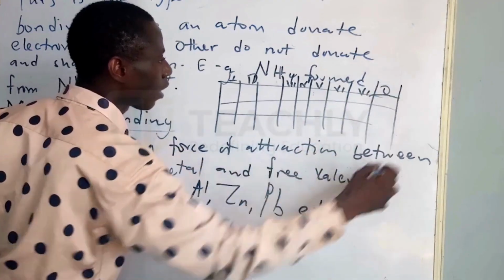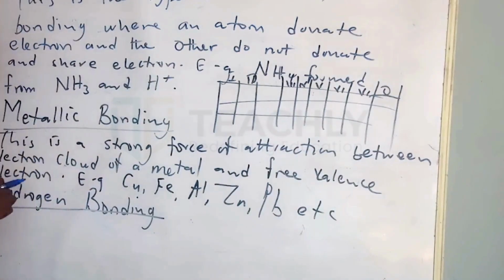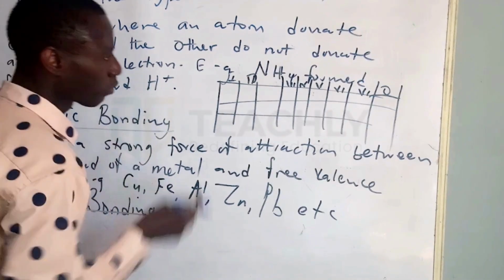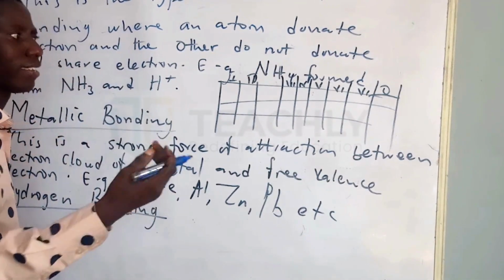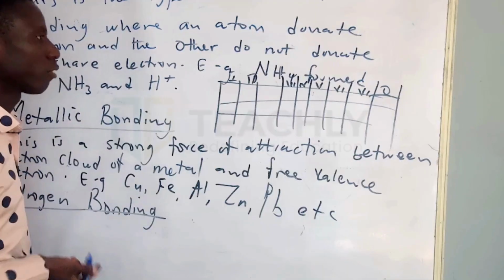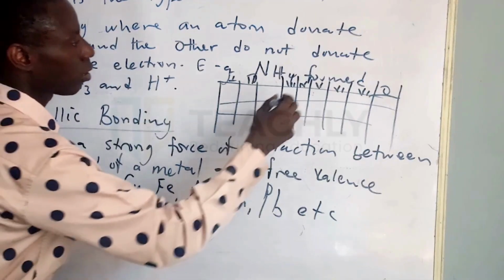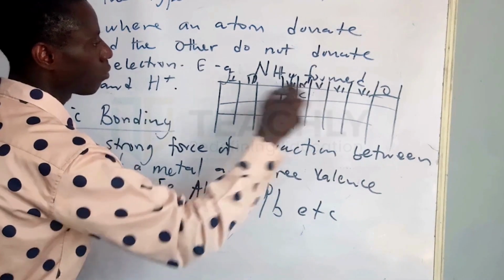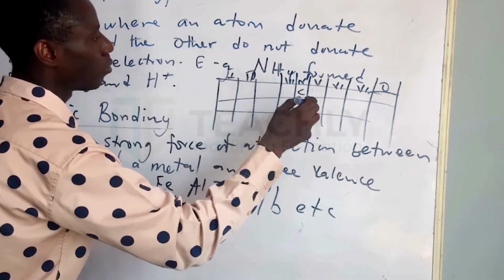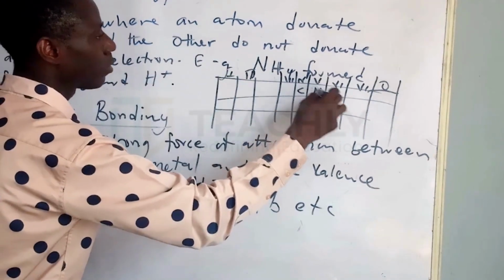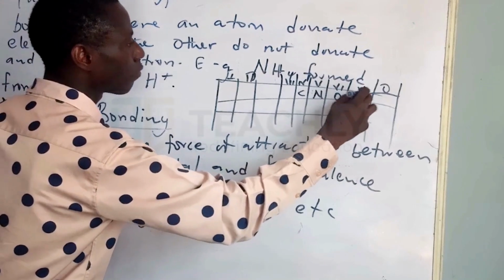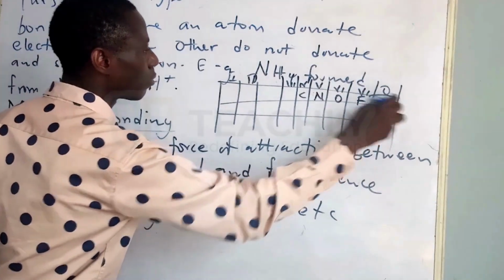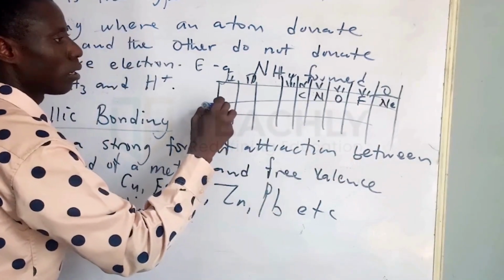Group 0 is also written as group 8. Highly electronegative elements are those elements that can easily attract electrons to themselves. Here we have carbon, nitrogen, oxygen, fluorine, neon. Here we have sodium.